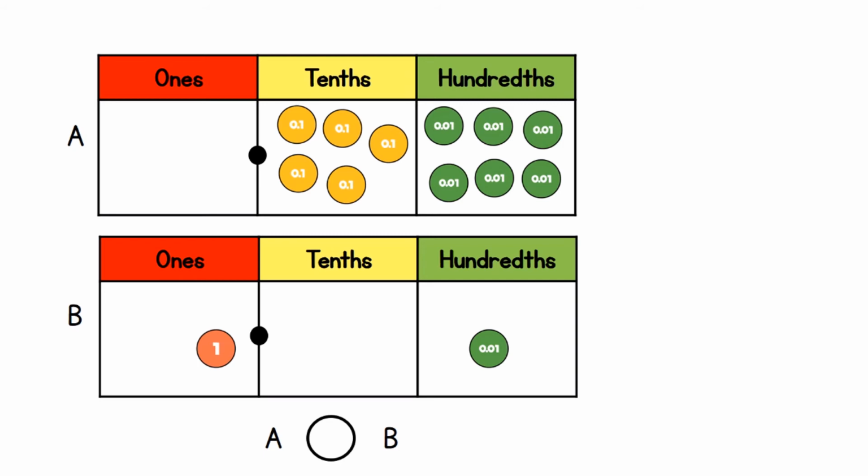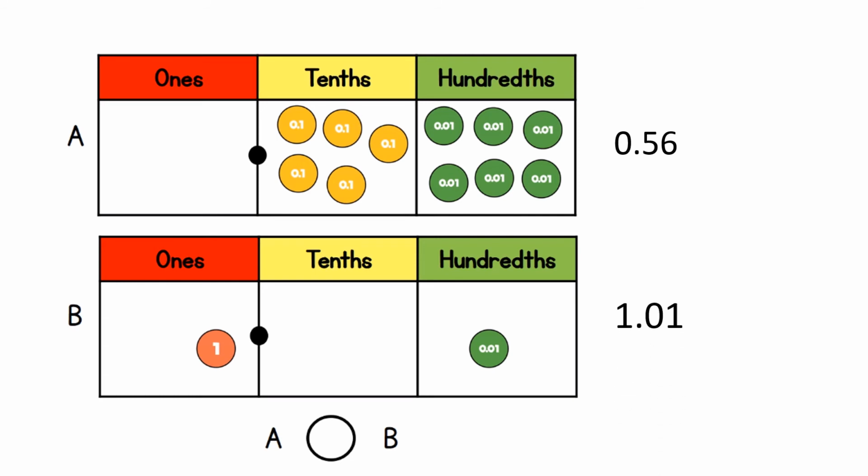So the first one, A, we have 0 ones. How many tenths do we have? 1, 2, 3, 4, 5. And how many hundredths? 1, 2, 3, 4, 5, 6. So it would be 0.56. And B, it would be 1.01.